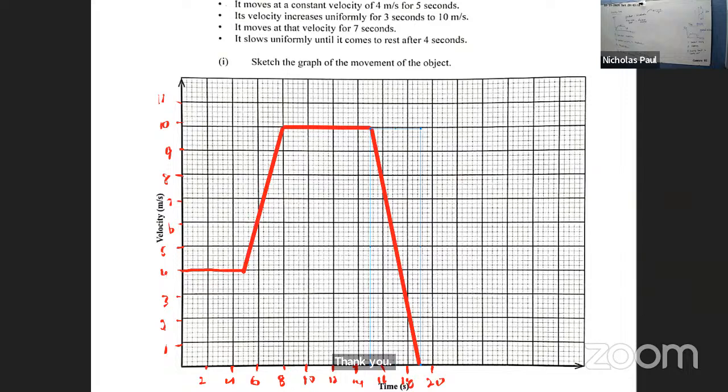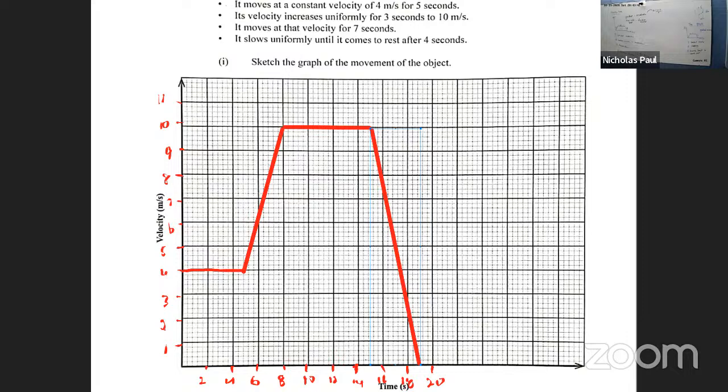I don't want to move from this page, so I'll call out what is next. Okay, that's one line.